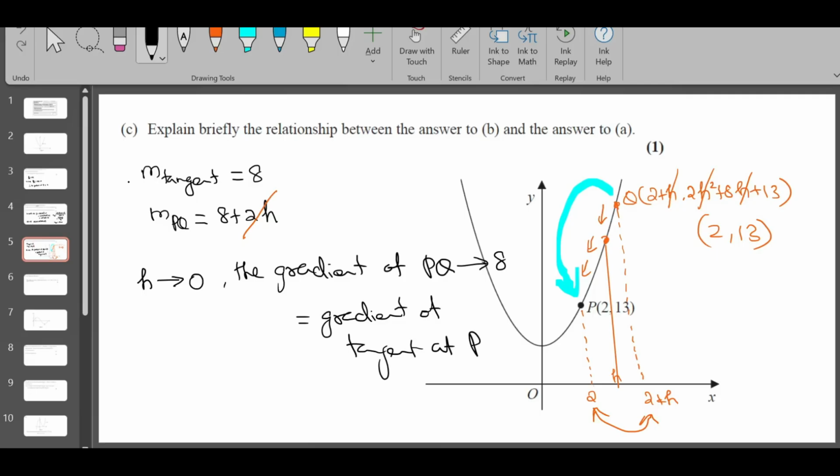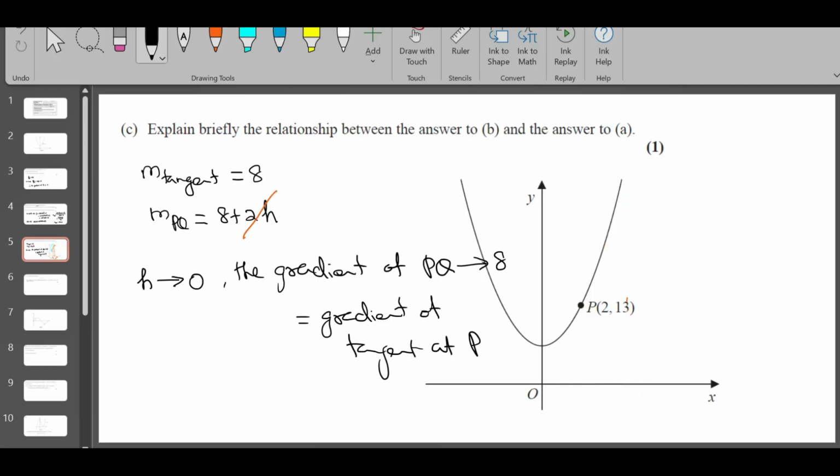If you want me to explain this graphically, let's say the point P is here. We have point P here, Q here, right? If you take the tangent at point Q, this is a tangent, right? When you move the point closer to P, let's say we move the point here, now the tangent is this.